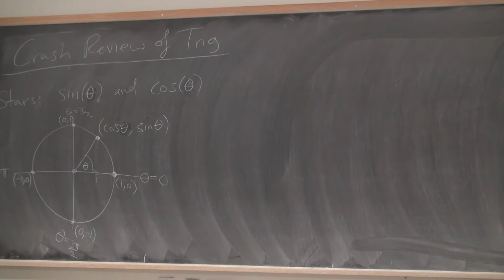So we automatically know some values just by knowing there's a unit circle, right? Cosine of 0 is 1, the sine of 0 is 0. Cosine of pi over 2 is 0, sine of pi over 2 is 1. Cosine of pi is -1, sine of pi is 0. Cosine of 3 pi over 2 is 0, sine of 3 pi over 2 is -1.